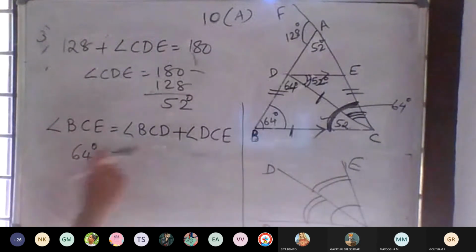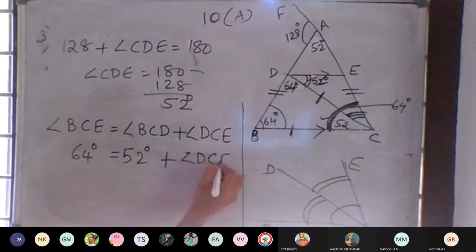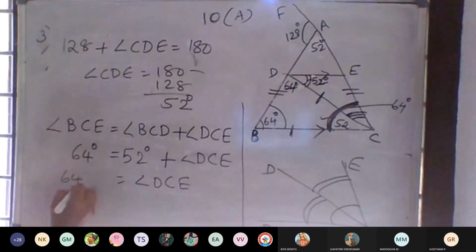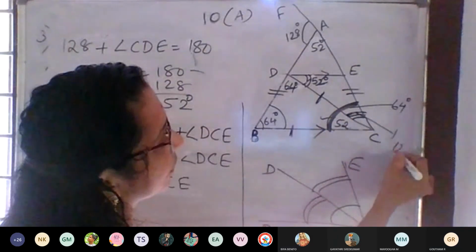BCD we got as 52 degrees. DCE we have to find out, that is our second part. So angle DCE is equal to 64 minus 52, which is 12.